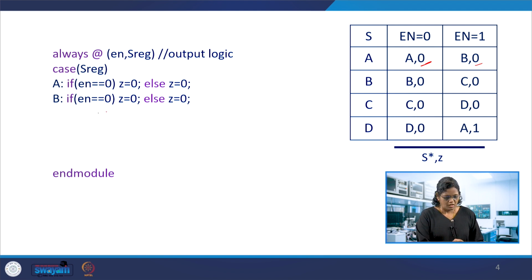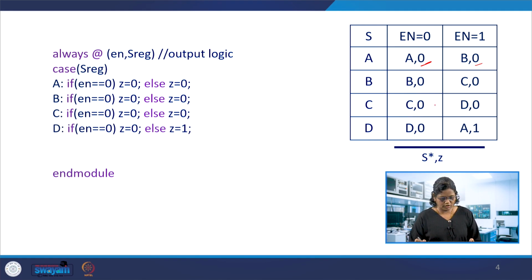Again the third condition comes into 0, and fourth, if enable is 0, Z is 0, else Z equal to 1. So in all the cases the enable decides the output logic. Here, default and end case, so Z equal to 0.